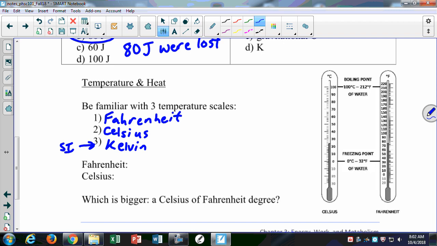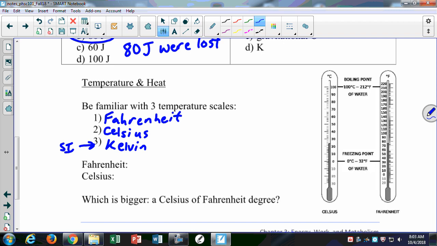For both Fahrenheit and Celsius, they are based on the freezing and the boiling point of water. For the Fahrenheit scale, we set the freezing point of water to be 32 Fahrenheit, and we set the boiling point to be 212. And that means that between these 2 points, there are 180 tick marks. I don't know how that came about, but that's just the scale that we've set.